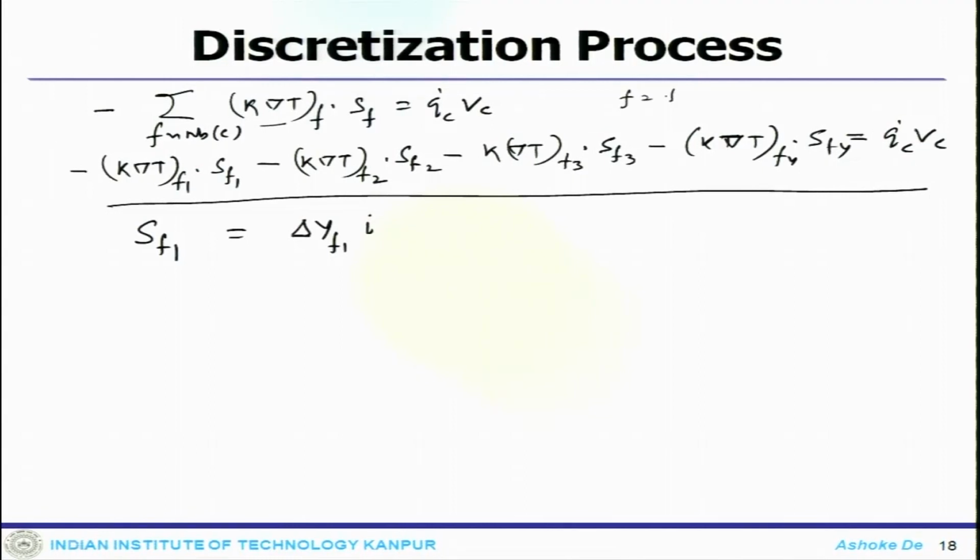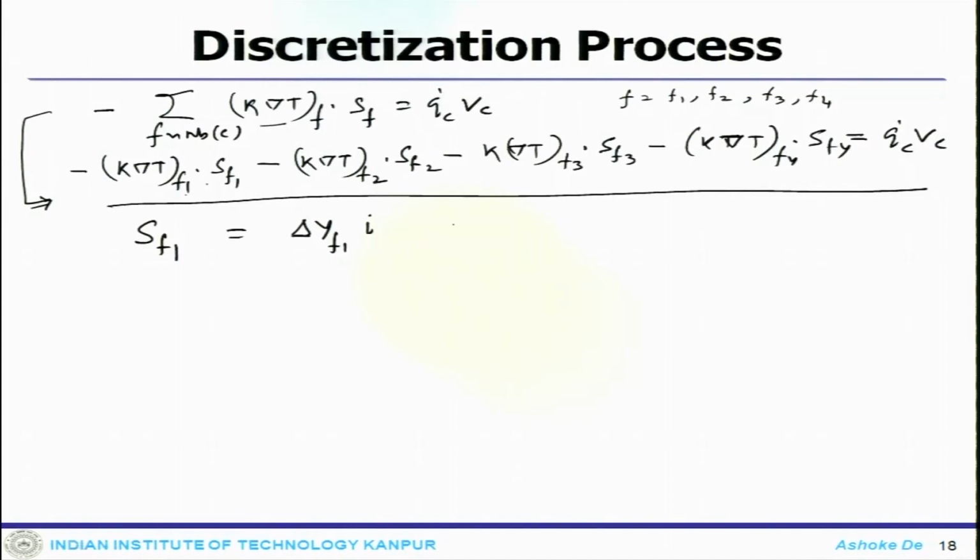So we got f1, f2, f3, f4. All these things are getting summed over the loop, and if you simplify from this step to this step, if you write down f1 into sf1, that means the S is the area of face 1.